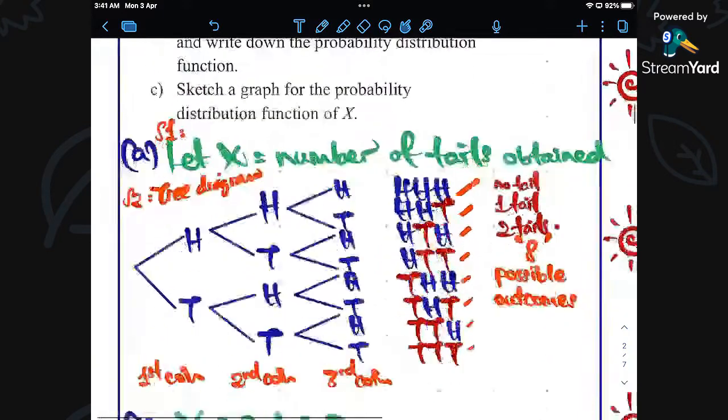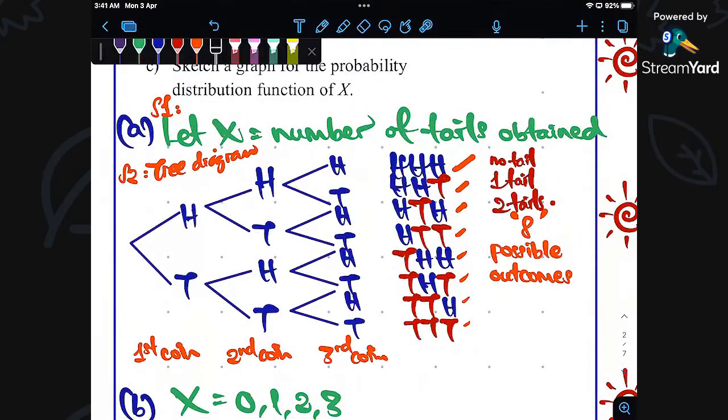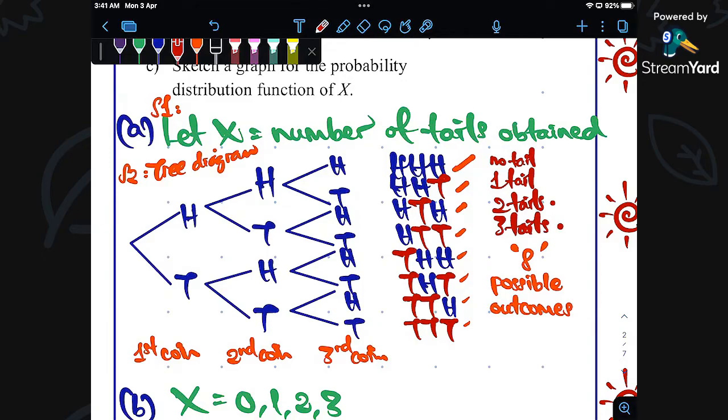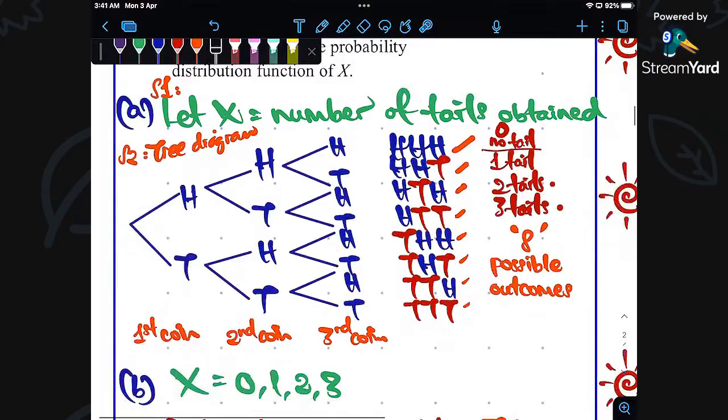So there are 3 tails here. That's it. There are no tails, meaning 0 tails. And then we have 1 tail, 2 tails, and 3 tails. Therefore, we can write down here our random variable x has 0 tail, 1 tail, 2 tails, and 3 tails.